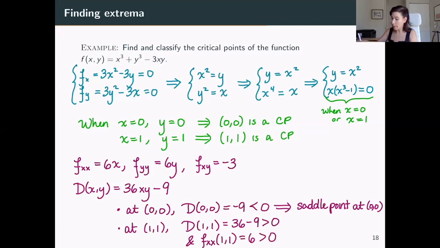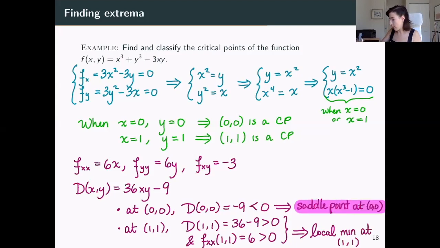And because both of those are bigger than 0, this means that we are going to have a local min at the point 1, 1. So we've completed this problem, finding the critical points and then classifying them by looking at the expression D and evaluating it at the given critical point.